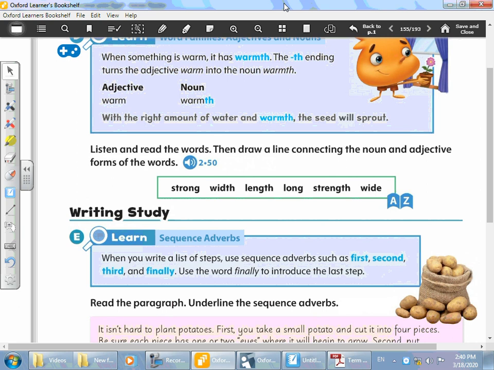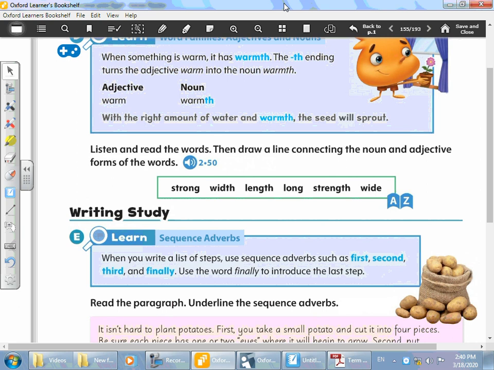Yes, you use long to talk about how far something is from one end to the other. So from the ground until up, we say long. Okay, what about length? It ends with th. Excellent. It's a noun when we say how long something is. So when we say how long something is, it's called the length.